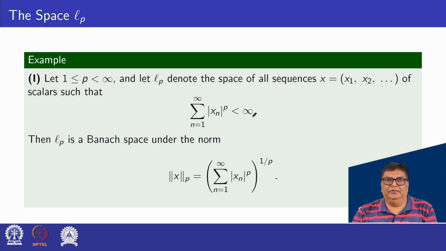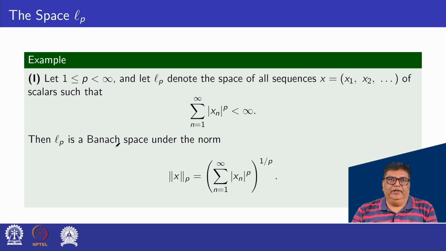That is, the sum of the infinite series should be bounded, because here x is infinite dimensional, x1, x2 and so on, so the series will be a finite, convergent series.